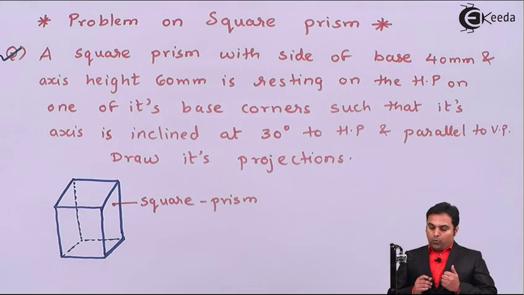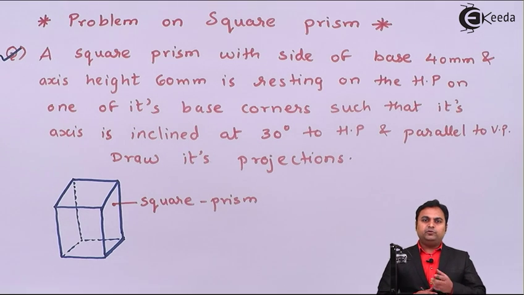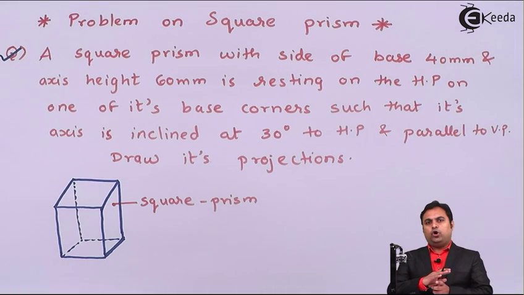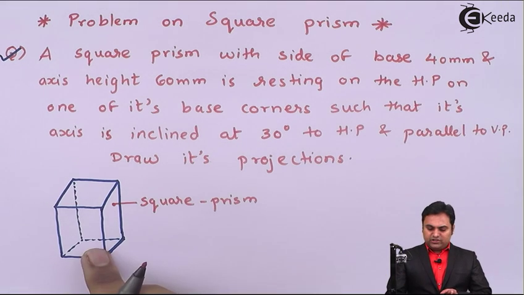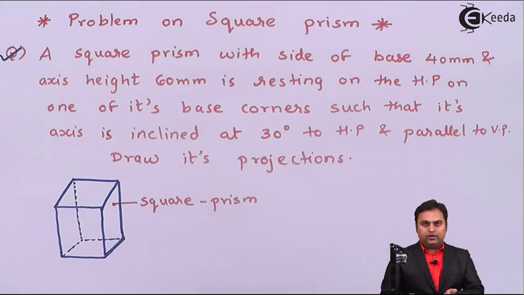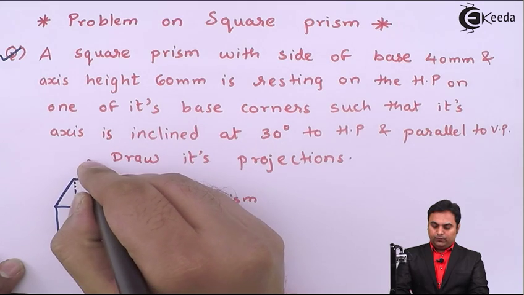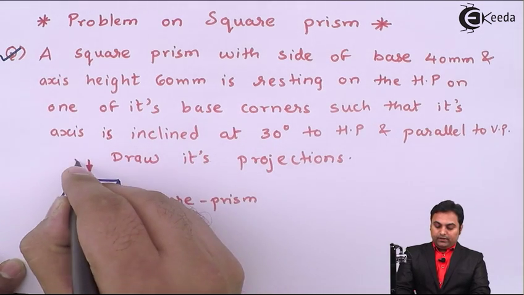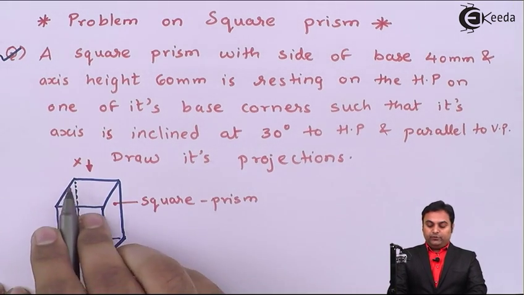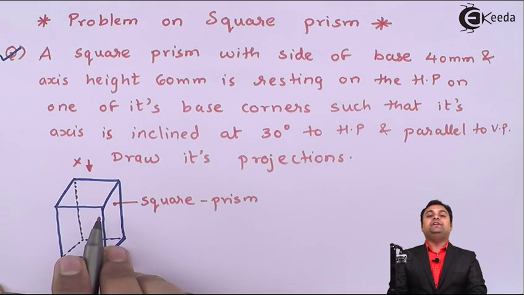Next, whatever kind of solid is there, we would be tilting that solid onto the right hand side. So if a square prism is resting on the HP or on the ground, then when I am looking from the top, that is from the top view, from top it will appear as a square to me.